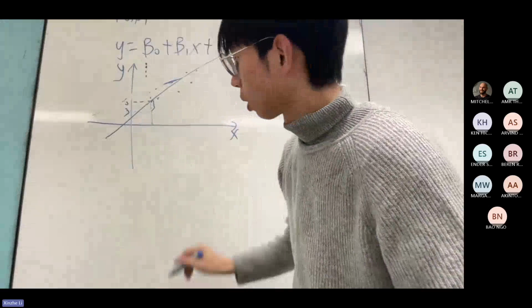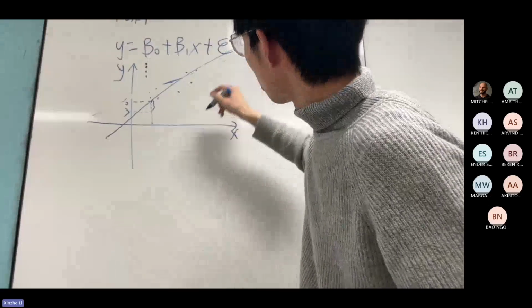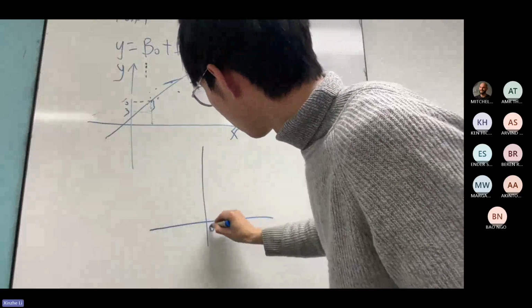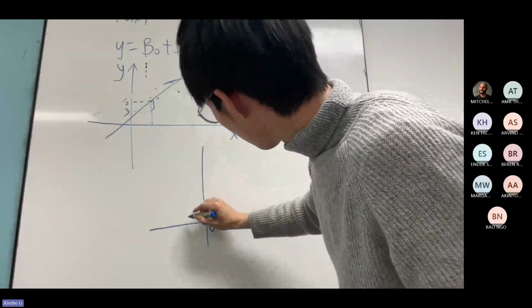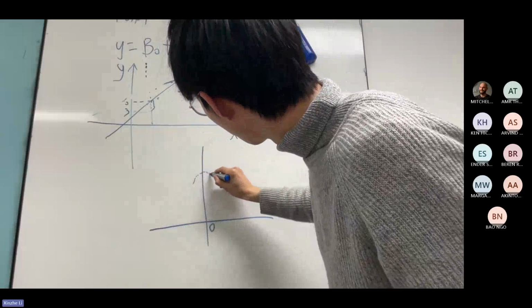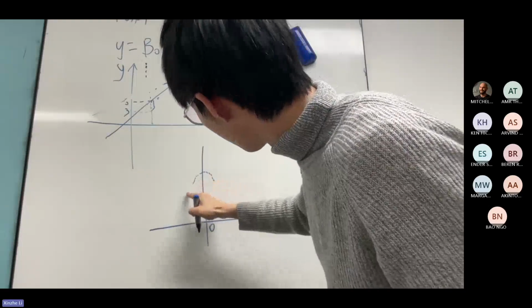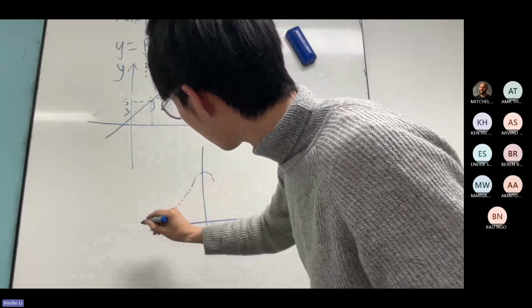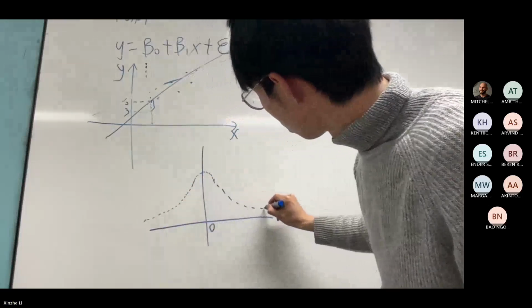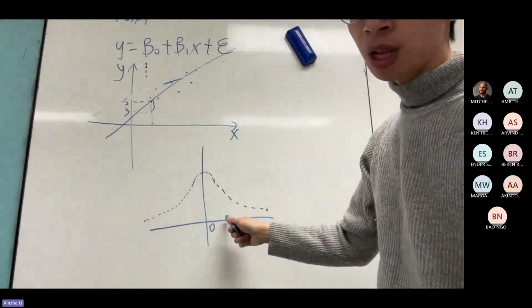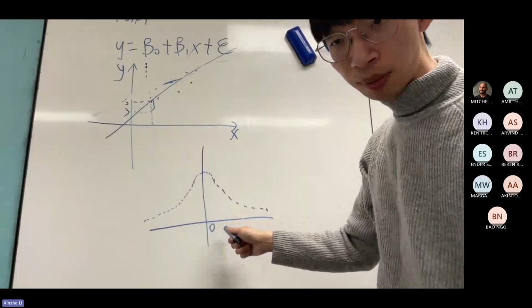So if I draw a distribution for epsilon, it may look like this. Here is 0. If it's around 0, epsilon should have a high probability, right? If it's far away from 0, the epsilon should have a lower probability. So I think now you know the distribution of epsilon.